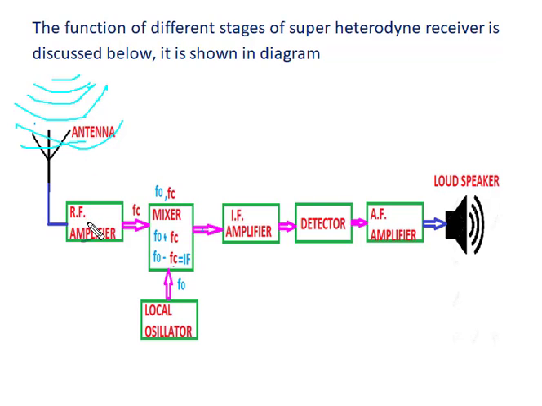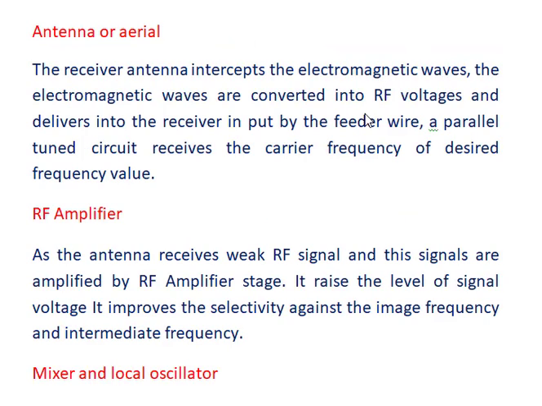The radio frequency amplifier circuit consists of a receiving capacitor with a tuned capacitor, and the function of the RF amplifier is to amplify the incoming signal. The receiver antenna receives all types of frequencies.